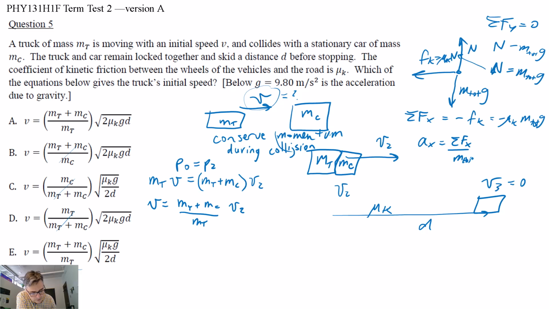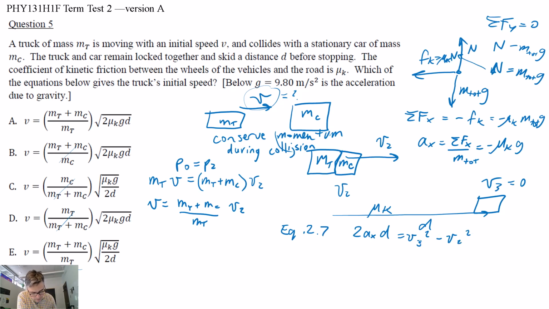The whole thing is sliding along here, and that's just going to be equal to negative mu sub k times g. So now I'm going to go way back to chapter 2 for this kinematics equation 2.7, which is that 2 times a_x times this d is equal to v3 squared minus v2 squared.